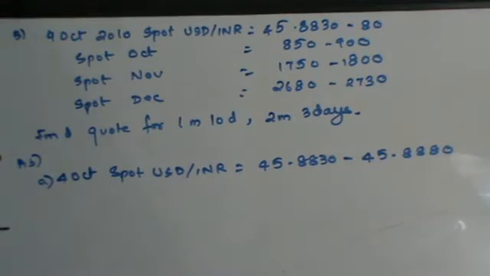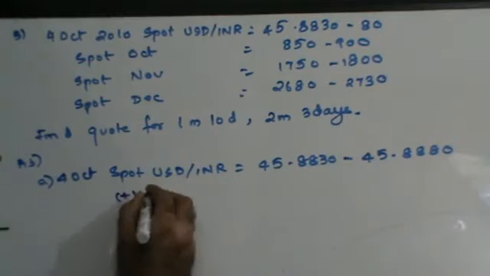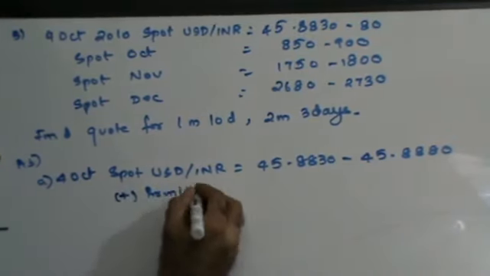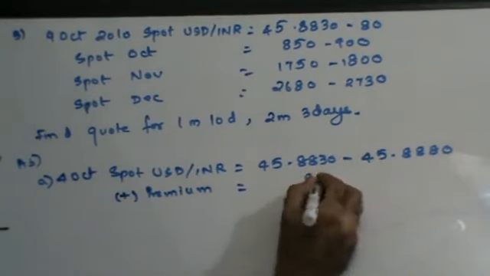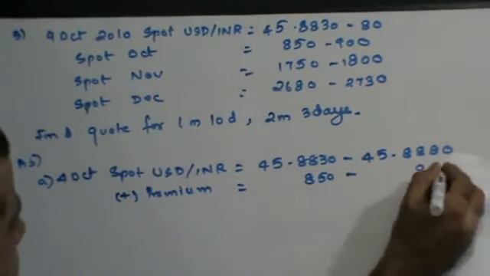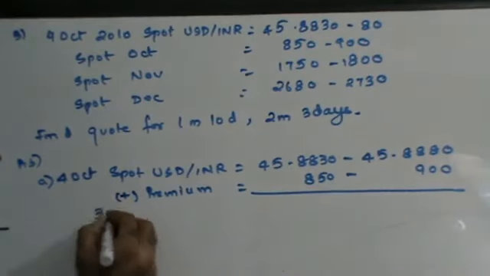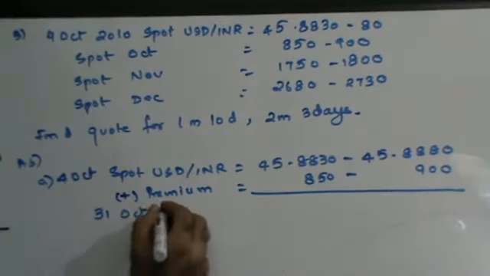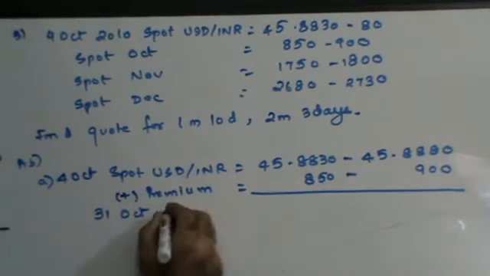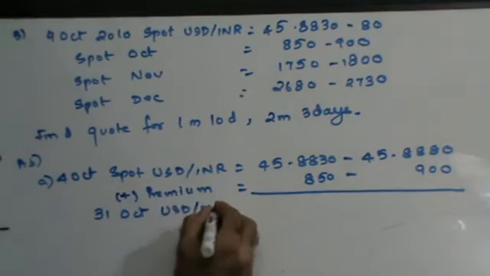Right? Now let's look at spot October. 850 900. If you look, the swap points are in ascending order. Since the swap points are in ascending order, that means this is going to be premium. 850 and 900. So in that case, I will have 31st October USD INR.